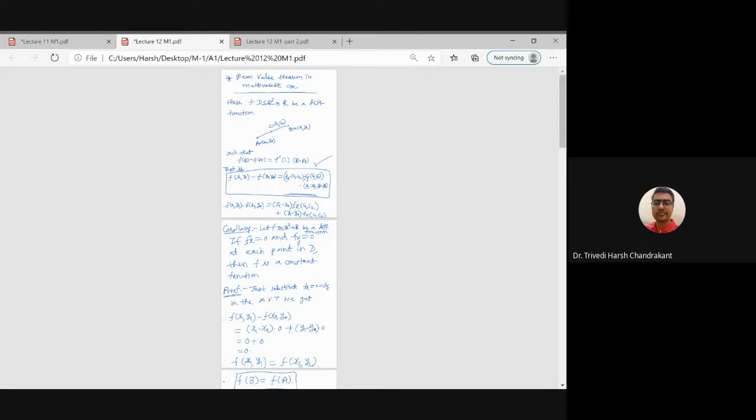If we take the condition that partial derivatives are 0 at every point in the domain of the function, then just substitute fx and fy 0, we get f of x1 y1 minus f of x0 y0 is 0, and that gives us the value of the function at point a and point b is same, right?